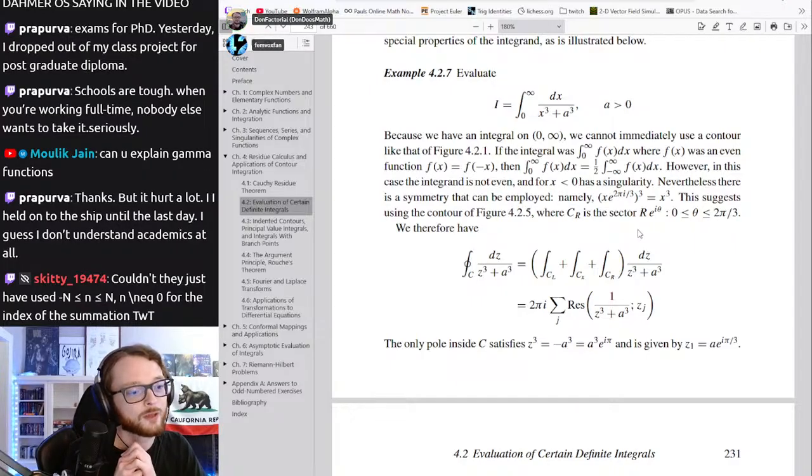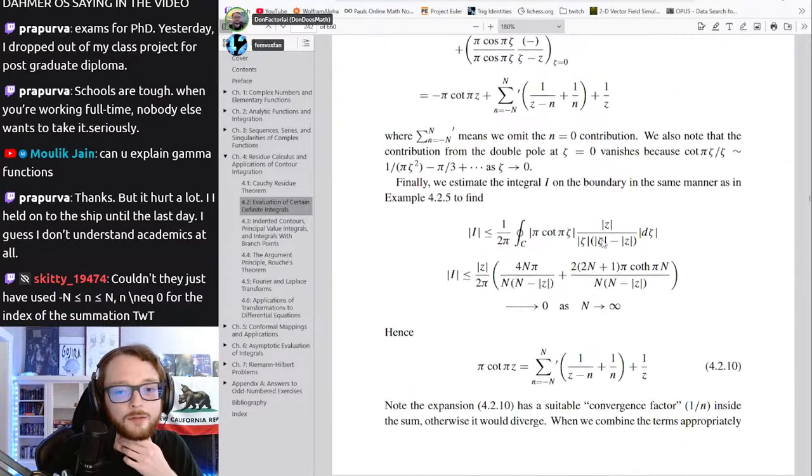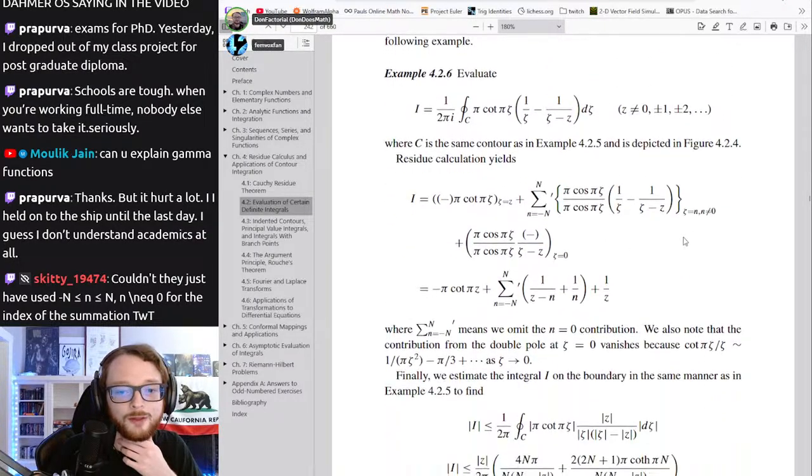Skitty is asking... Oh, I've seen that too, Skitty. And n not equal 0 on the end. Yeah, don't they usually write n not equal 0 underneath the index notation? I think I've seen that before.